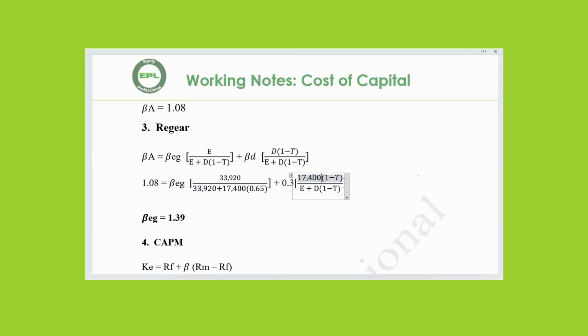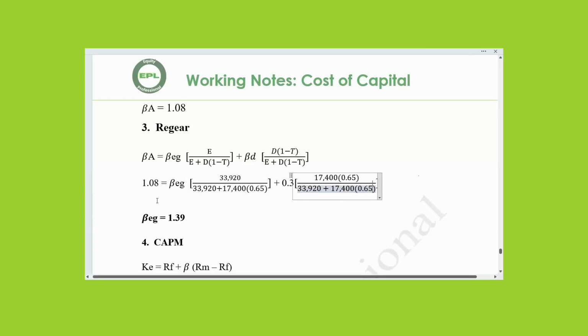Remember what I told you: when you are regearing, you need the information of the main company. You don't use the information of the proxy company here. You see the way that I'm doing it. That's the way it is expected of you. 33,920, debt value of Kilimanjaro is 17,400, then 1 minus tax is 0.65. It's no more than that.